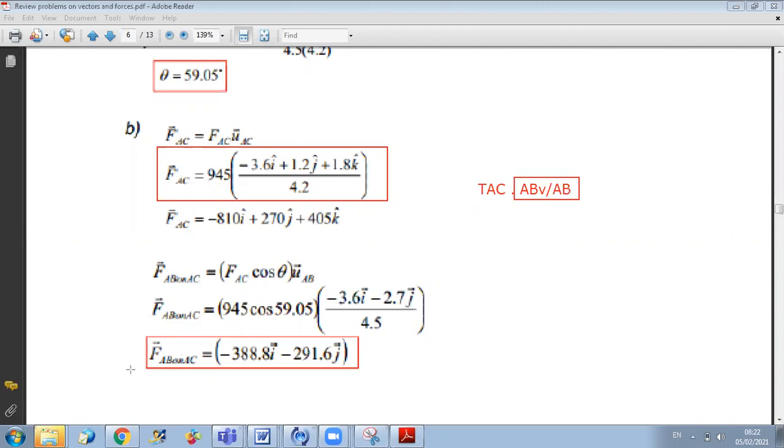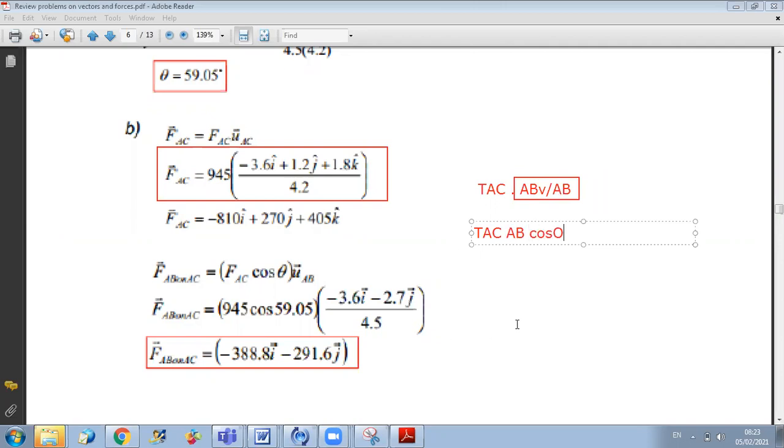We can directly say that the projection component is TAC cosine theta. Okay, but what is TAC cosine theta at the end? It's TAC dot AB vector over AB magnitude. Because look, if you don't divide by AB magnitude, you get TAC times AB magnitude times cosine theta.